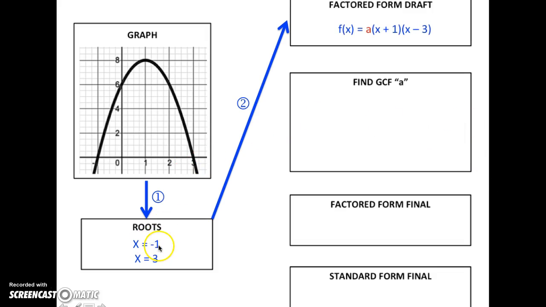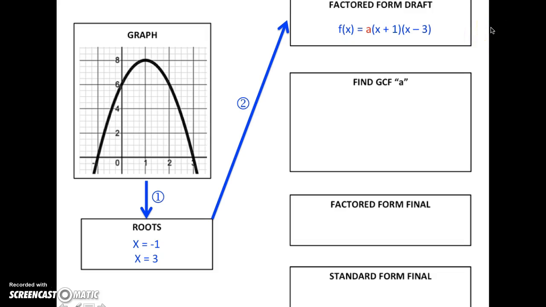For the root x equals -1, that's going to give us a factor of x plus 1, and for the root x equals 3, that's going to give us a factor of x minus 3. One thing that has changed, however, is that this is a draft of the factored form equation. In addition to writing down our factors, we're going to put in this a, which is our greatest common factor, and we're multiplying a with all of these other factors. So we just write it right next to the factors.